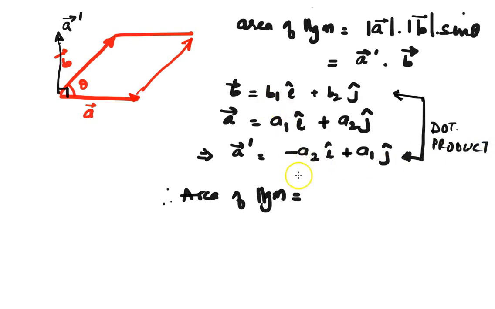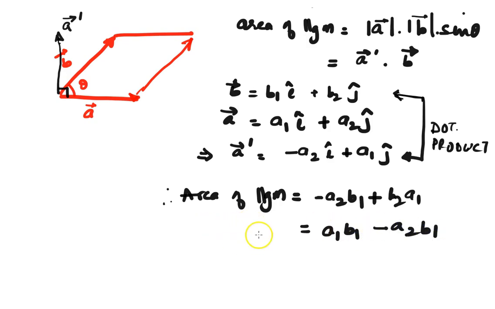So what does that mean? This means minus a2 b1 plus b2 a1. Let's rearrange this: a1 b2 minus a2 b1. This is the area of the parallelogram.